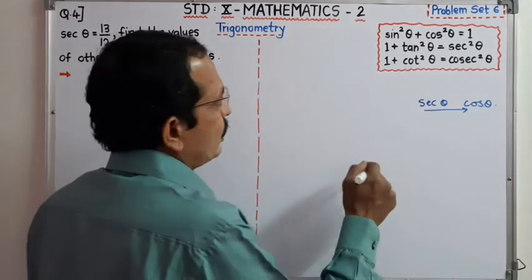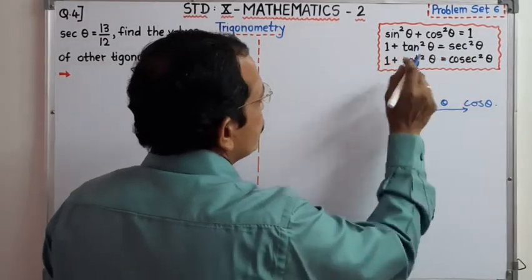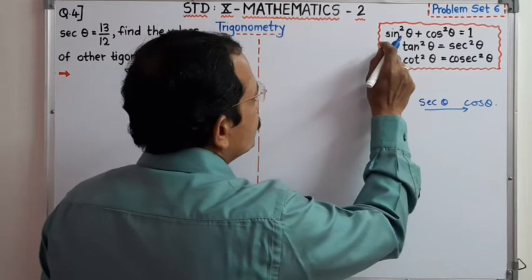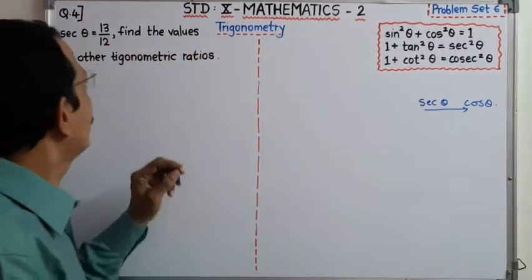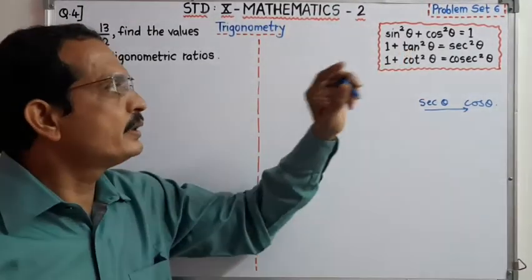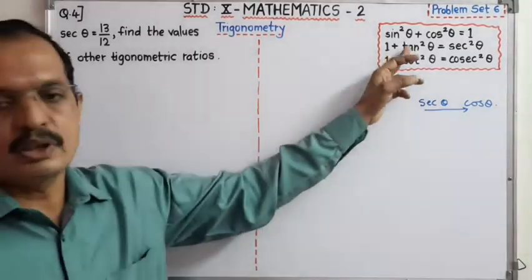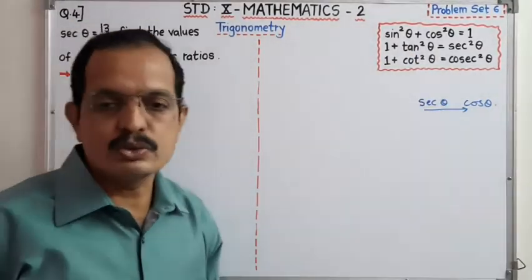Got it? Or we use the identity 1 plus tan square theta is equal to sec square theta. By using this identity we can find out tan theta. After getting tan theta we can find out cot theta. Got it? And from cot theta we can find out cosec theta.